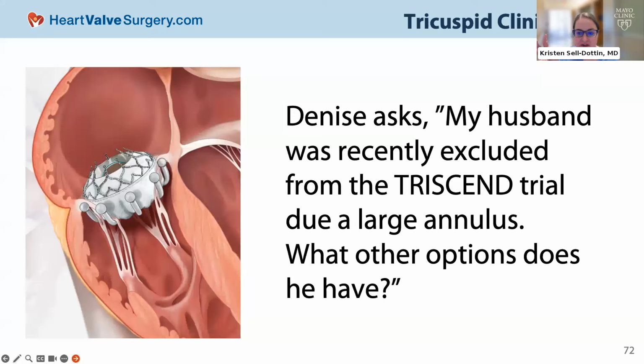Even within transcatheter therapies, we are starting to expand the number of people that we can treat as the devices are made for larger and larger annuluses. And so there are a number of different trials. So it could be a matter of looking at the variety of different trials available to find one suitable for the size of annulus that's present. Otherwise, the answer is going to be open heart surgery.